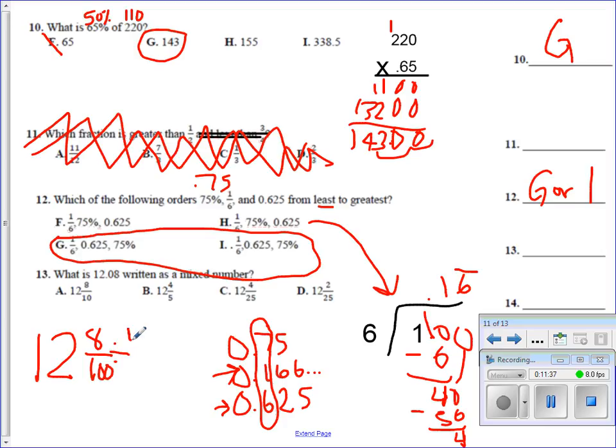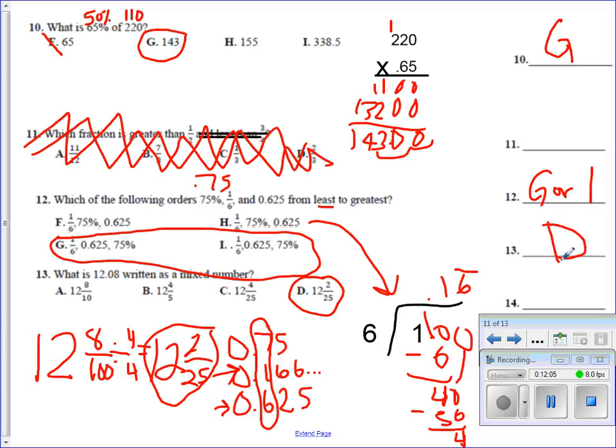A common factor between these two is 4. So 8 divided by 4, don't forget your 12, that stays the same. 8 divided by 4 is 2, and 100 cut into quarters, or cut into 4 parts, is 25. So this should have been your answer, choice D.